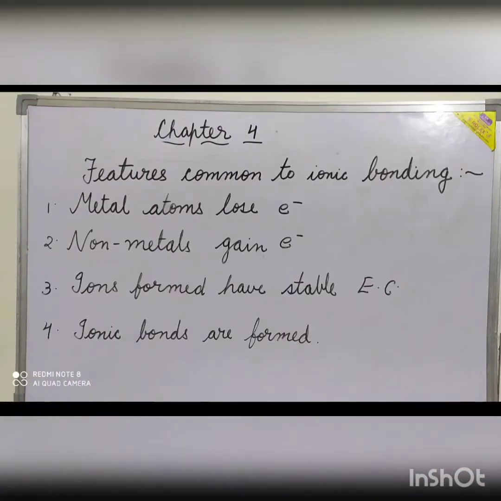The features which are common to ionic bonding: First, metal atoms lose electrons to form the positive ions, that is cations. The non-metals gain electrons to become negative ions, that is anions, except hydrogen.